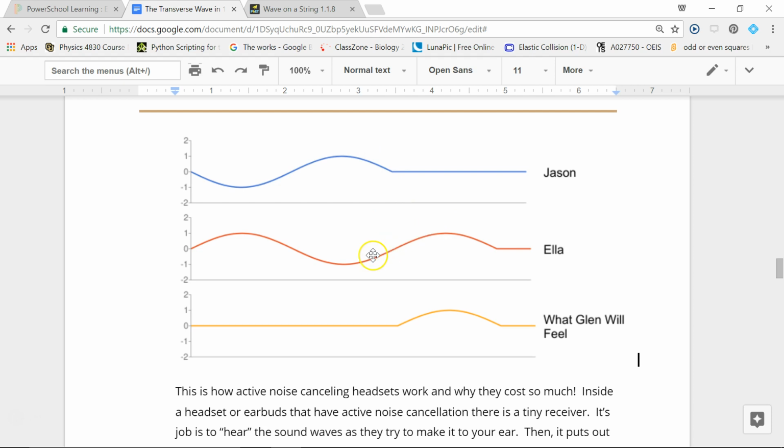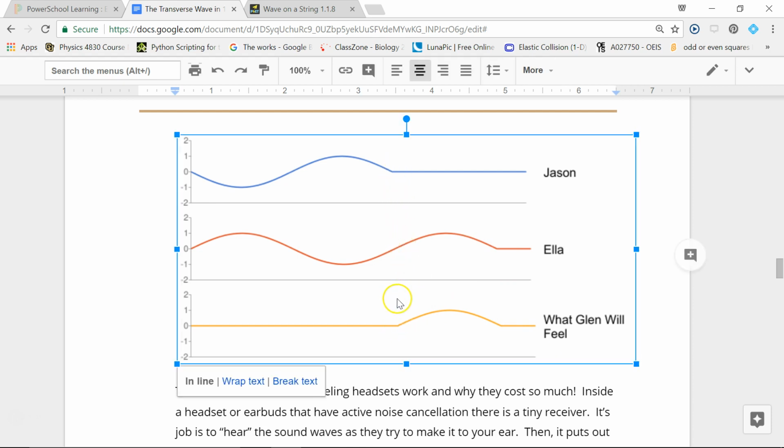Ella's still going to start ahead of Jason. What Glenn will feel is nothing until he first feels the first part of Ella, where it's just Ella, and he'll feel just Ella. Then, when Jason's wave hits, it's exactly equal and opposite to Ella's. They cancel each other out, and Glenn will feel nothing.